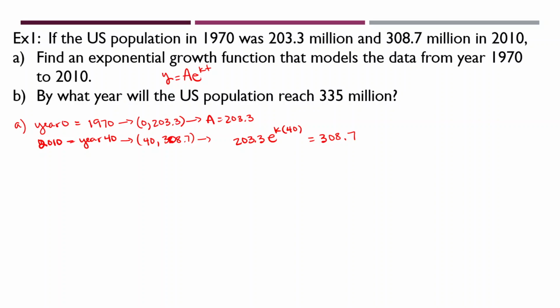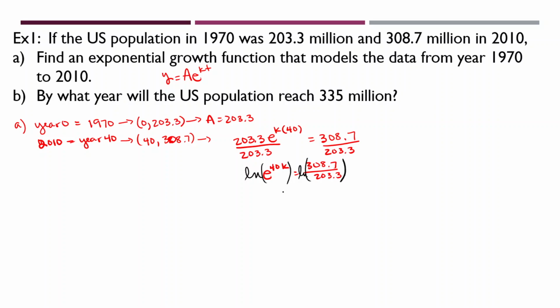All right, so I'm going to get my calculator handy. And the first thing we're going to do is divide by the 203.3. This means e to the 40k is equal to this fraction. Now, to undo an exponential, we're going to take the log of both sides, and we're going to use the natural log since it is base e.